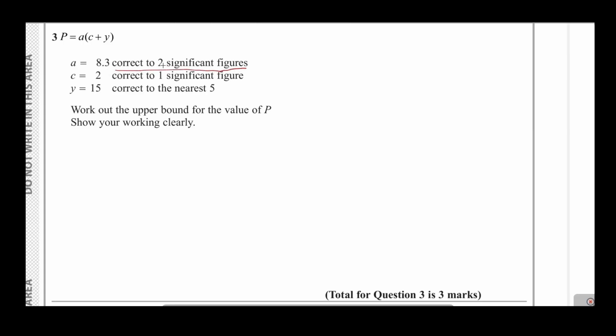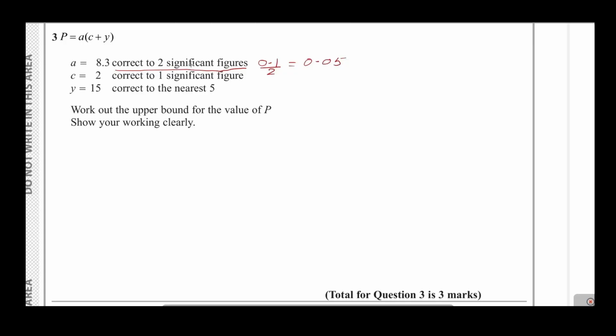Two significant figures, you have to figure out the second significant figure of a, which is 8.3. In this case, the second significant figure is this digit 3. It lies in the first decimal place. Therefore, you take 0.1 divided by 2, which becomes 0.05.